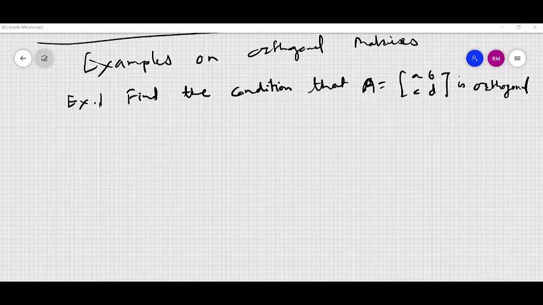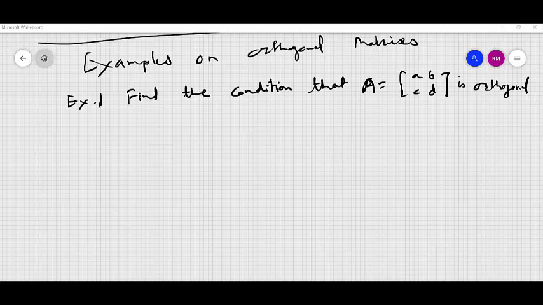For example, find the condition that A equal to this 2 by 2 matrix with entries a, b, c, d is said to be orthogonal. We have to find the restrictions on these elements a, b, c, d so that the capital A matrix becomes orthogonal. Means A into A dash equal to I.